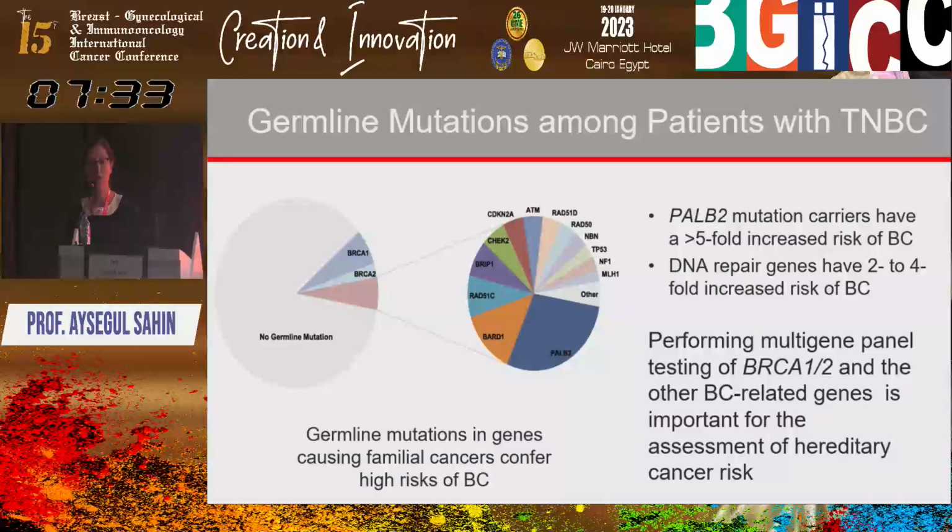In the past, when we looked at germline mutations, we looked at only BRCA1 and 2, but now we have a different panel of markers.